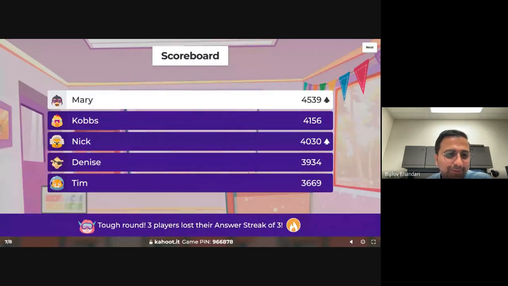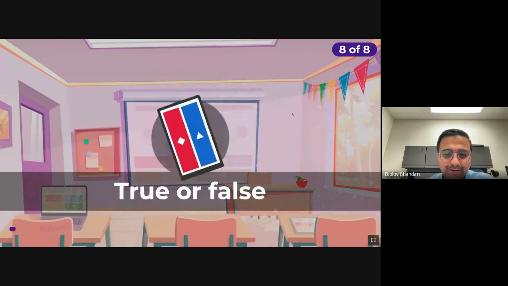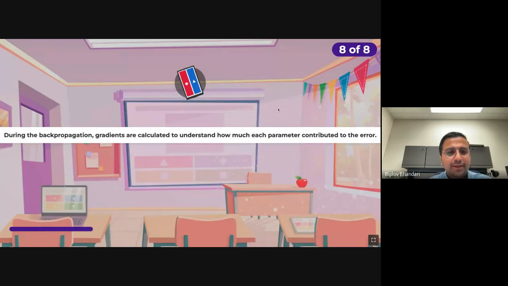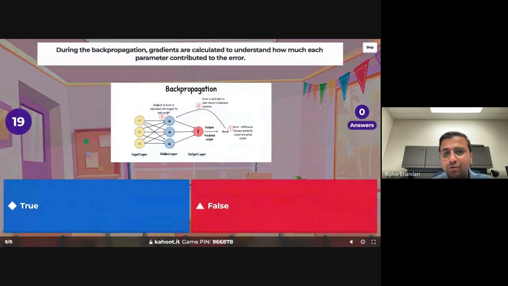Mary at the top. I like these changes in the scoreboard. Nice. So this is our very last question. Again, true, false. During the backprop, gradients are calculated to understand how much each parameter contributes to the error. Is it true or false?